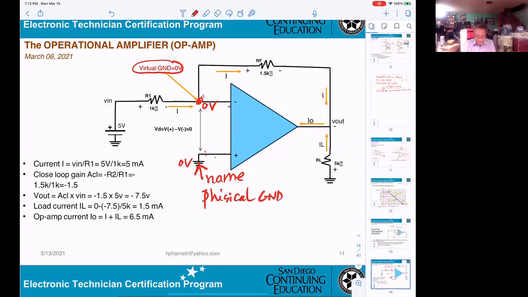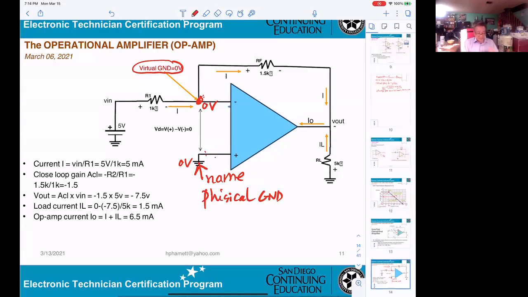What does that mean? That means you need a wire to connect to the root. But this point you do not connect to the root using a wire, and it is still 0 volt. That's why it gets a special name, virtual ground.